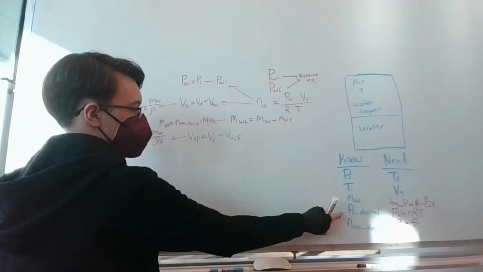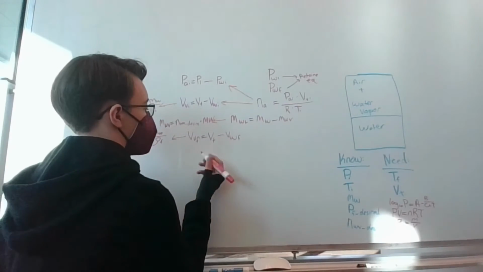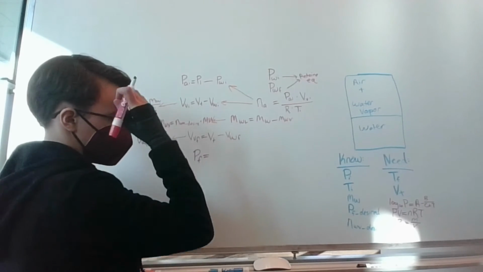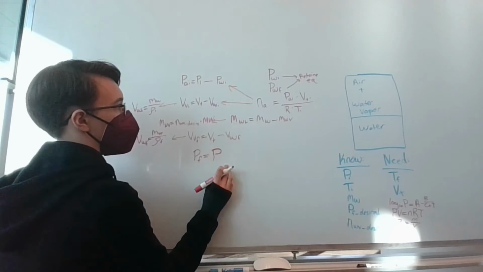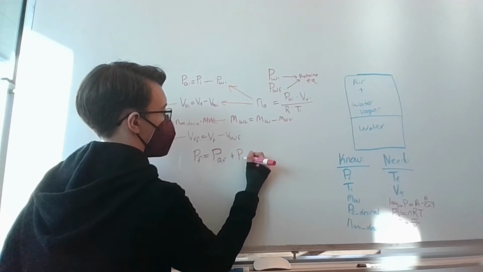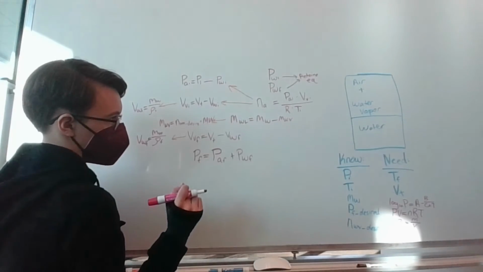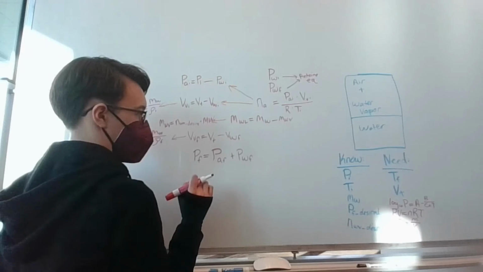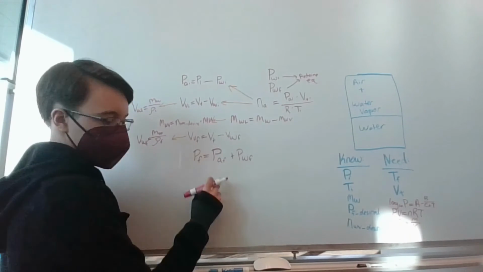So we're going to need equations for both of these, so we'll start with the final pressure. So the final pressure is going to be equal to the pressure of the air finally plus the pressure of the water finally. These are partial pressures of the air and partial pressure of the water. Well, we've already found the partial pressure of the water, and we use the Antoine equation for that. And then we just need to look at this final pressure of the air.